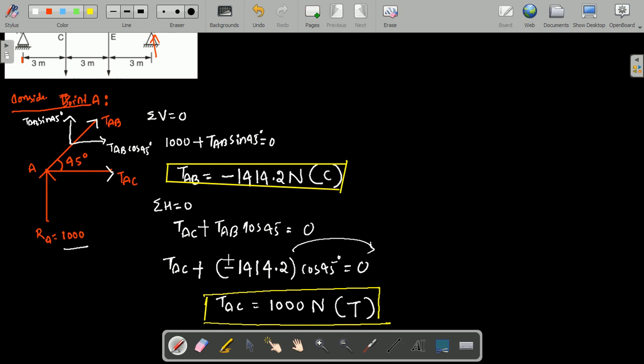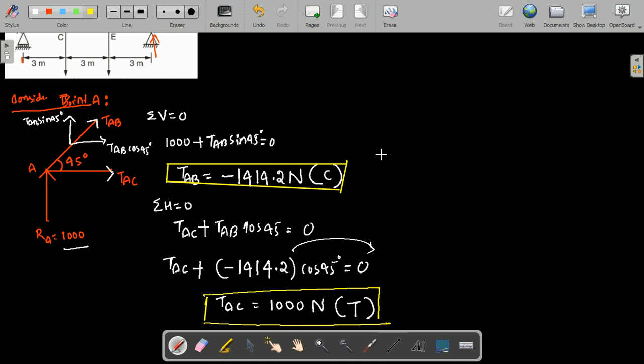You need to consider all the forces as tension only. Whatever sign you get while calculating, you consider that sign only. If it is minus, you consider minus only. If it is positive, you consider positive only. For all the joints, while drawing the free body diagram, you need to show the forces moving away from the joint only. So now TAB is over, TAC is over.